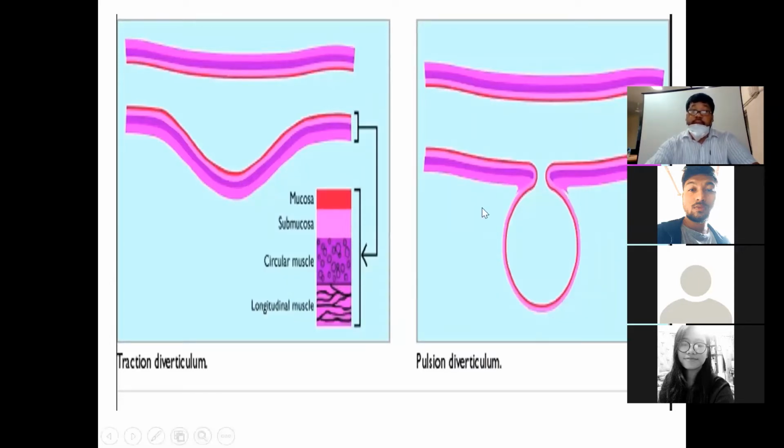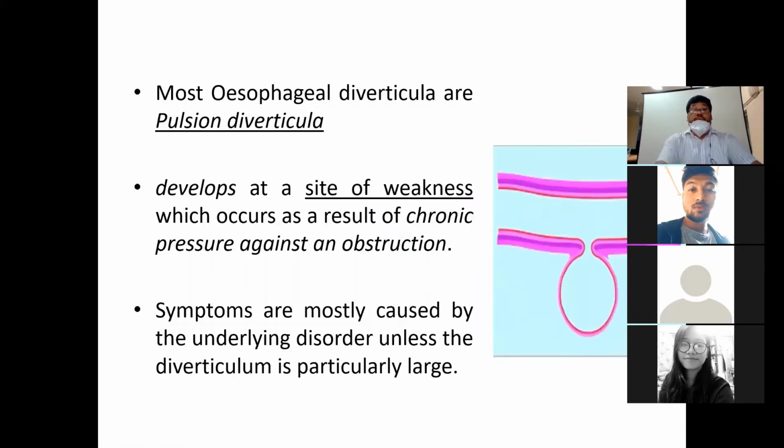And here this is the pulsion diverticulum, which occurs as a result of some weakness in the alimentary tract because of increase in the intraluminal pressure. So most of the esophageal diverticula are pulsion diverticula.